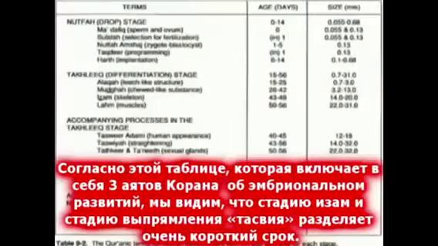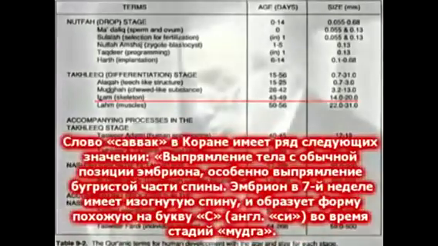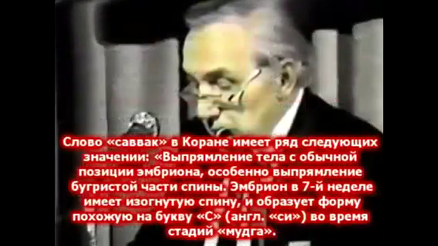According to this table, which compares the 3 ayat on the stages of development, it is apparent that the Izam stage corresponds with the straightening stage, taswiya. The word sawwaka in the Quranic statement indicates the following.